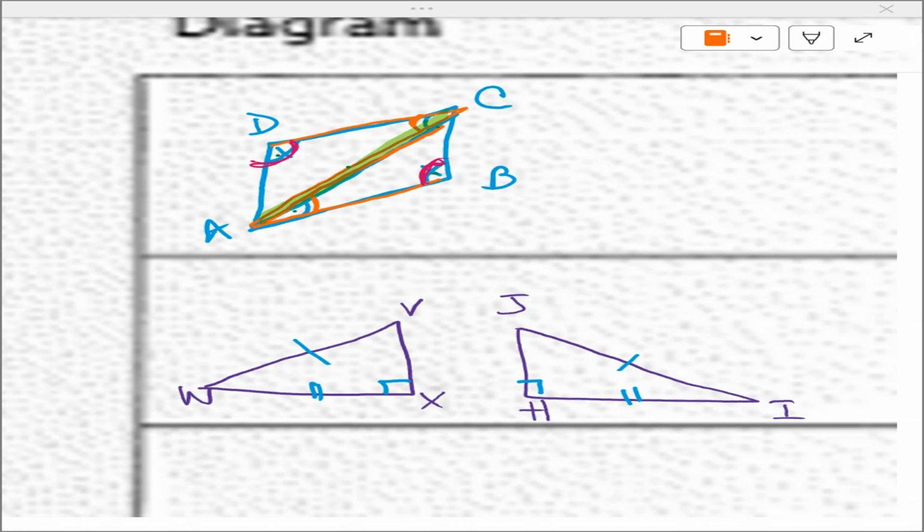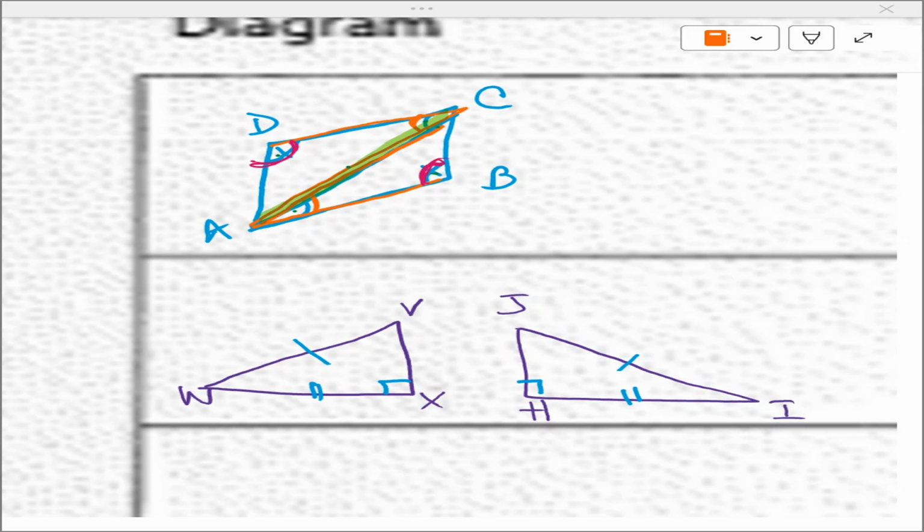Okay. What are we going to say next? Are the two triangles congruent? Yeah. Why? Well, we probably have to say these statements. We have to say that VW is congruent to JI.